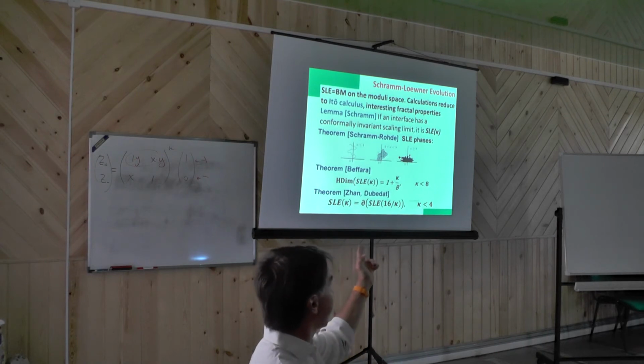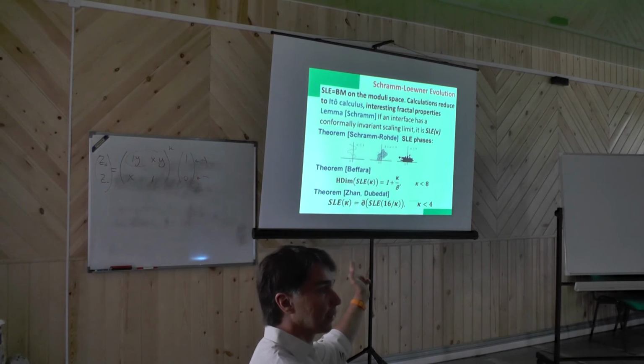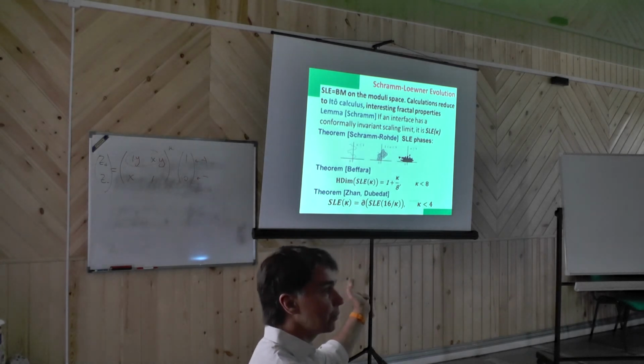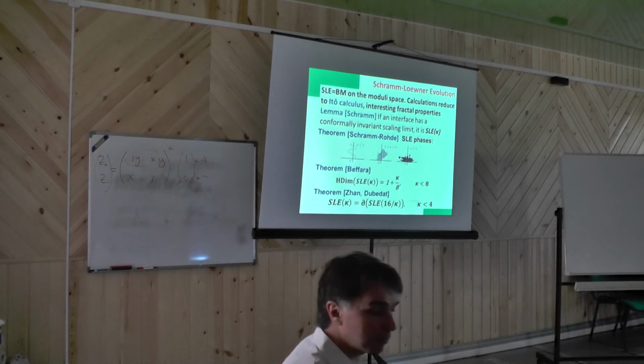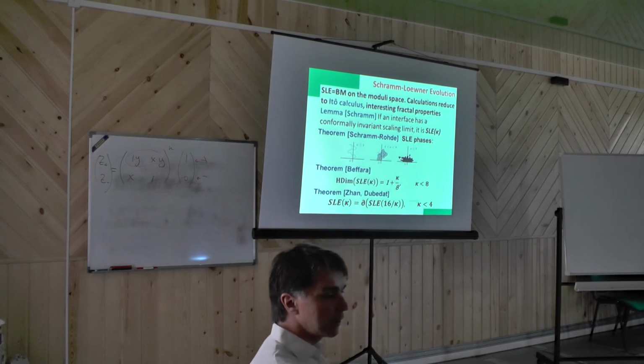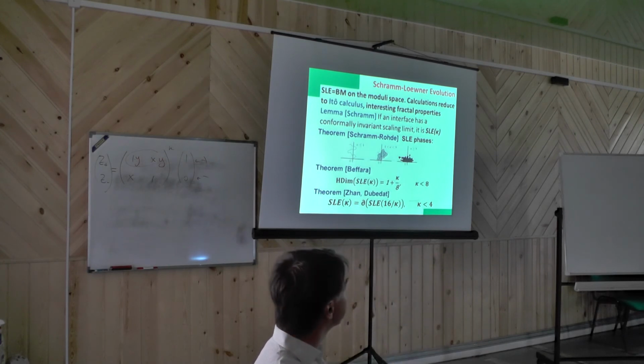Then it has to be one of the SLEs with some kappa. And then already if you guess kappa, you can calculate the numbers. So this is about random walk on the space of models, because you can do this on a Riemann surface, then it will be a random walk in the model space.